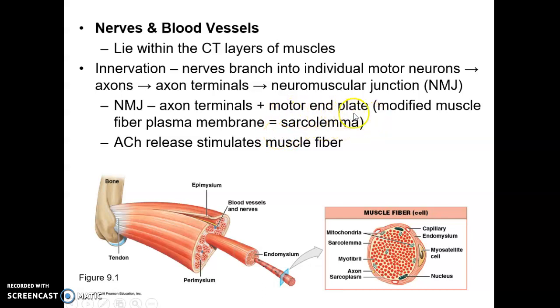That's the motor end plate, the modified fiber plasma membrane. These two things form the neuromuscular junction. That's the neural part, and that's the muscular part. What gets released at the neuromuscular junction from the axon terminals is acetylcholine, which stimulates the muscle to contract.